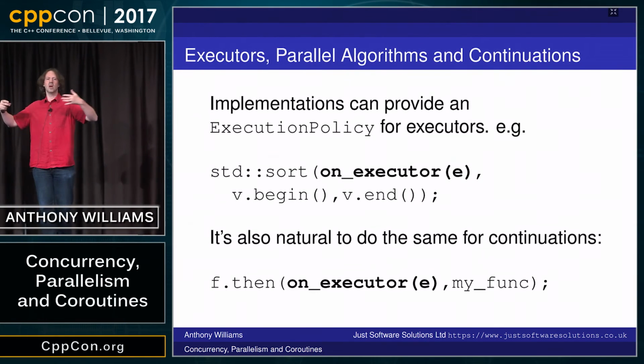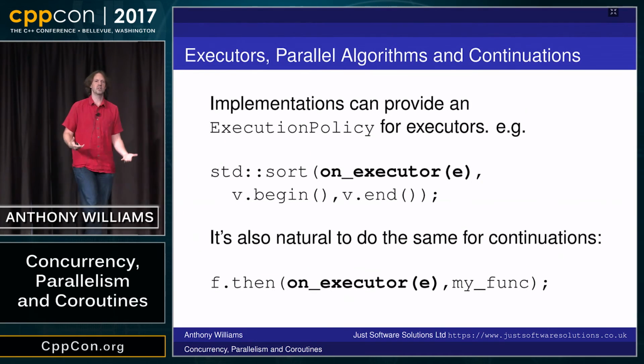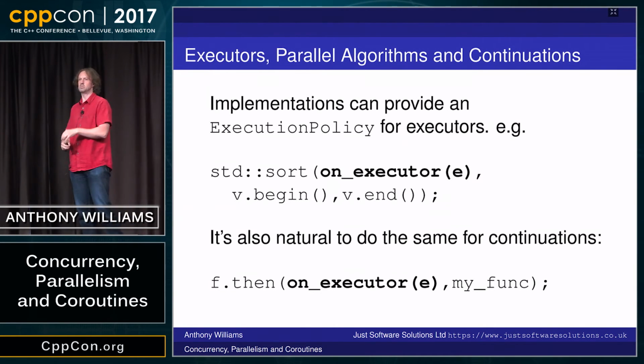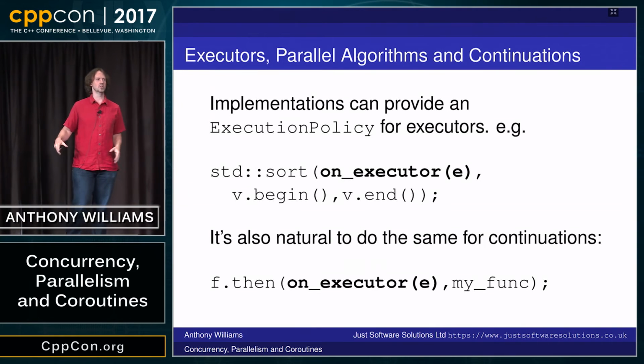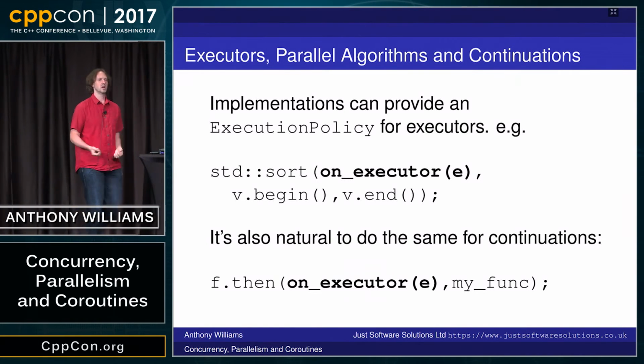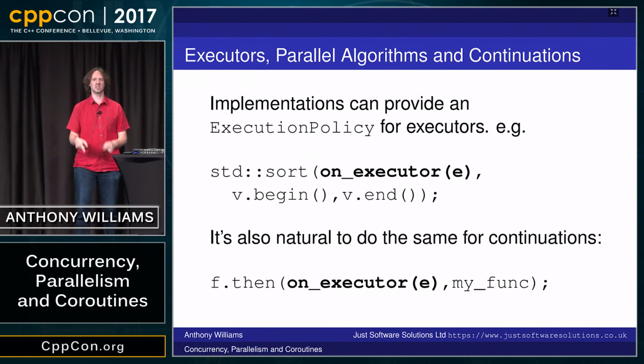It's a TS, so it's implemented like this in order to get maximum feedback, and allow library implementers maximum scope for seeing what their users want. But with an executor framework, then it makes sense to be able to say, I want this task to run on this executor.